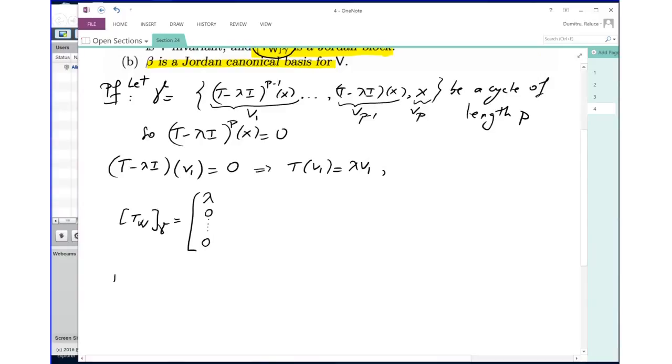I want to look at the second column, and to figure out what T of v2 is, I'm still going to apply T minus lambda identity to v2. Now v2 is the (p minus 2) power, so when I apply T minus lambda to it, it becomes the (p minus 1) power. But the (p minus 1) power is v1.